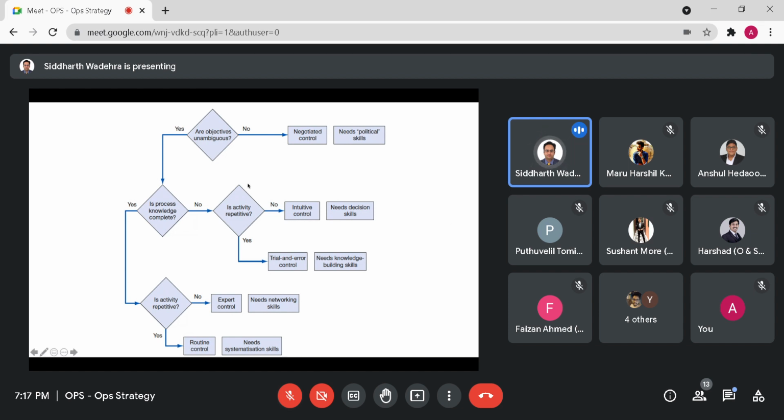So in that case you have something called a negotiated control, where you need a certain amount of political skills to navigate the situation. It's not a very pleasant situation to be in, but you're really negotiating with different stakeholders to agree upon the specific objectives you're looking to set for a particular process or for an organization.